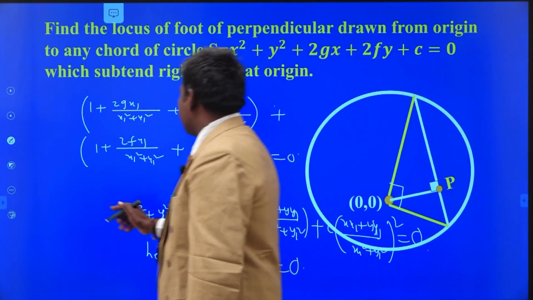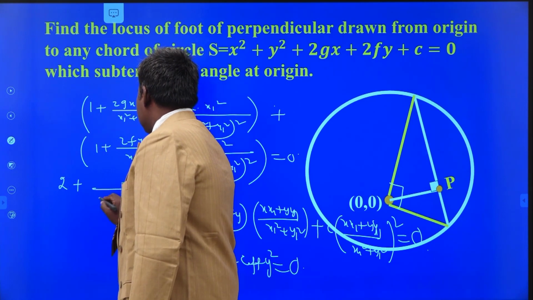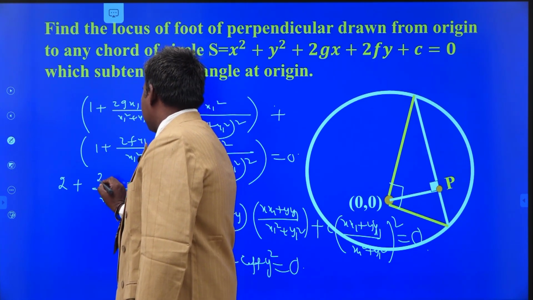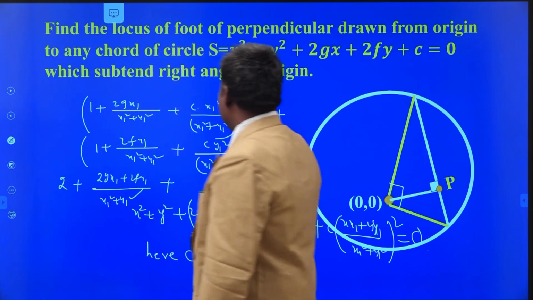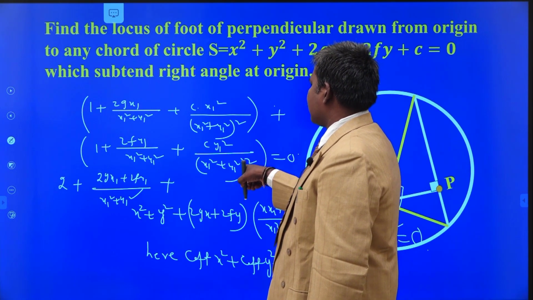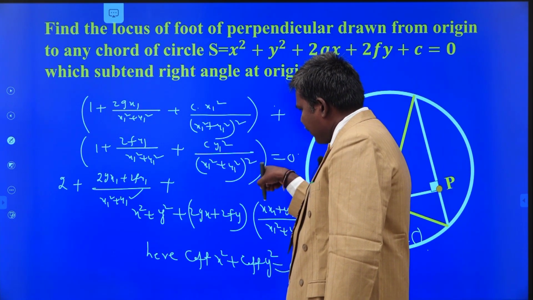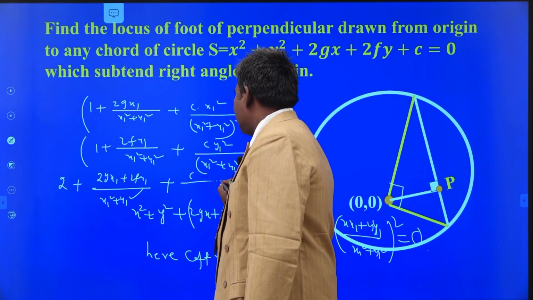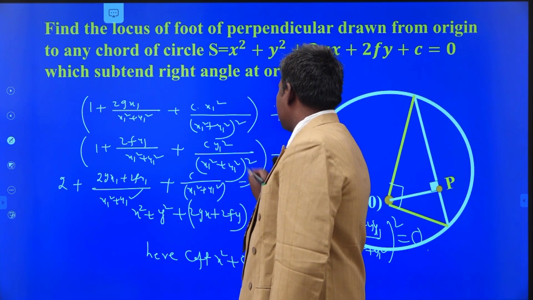Now what is 1 plus 1? 2 plus, with LCM x1 square plus y1 square, 2gx1 plus 2fy1, plus, the LCM being x1 square plus y1 square whole square, c times x1 square plus y1 square by x1 square plus y1 square whole square, that becomes c by x1 square plus y1 square, equal to 0.